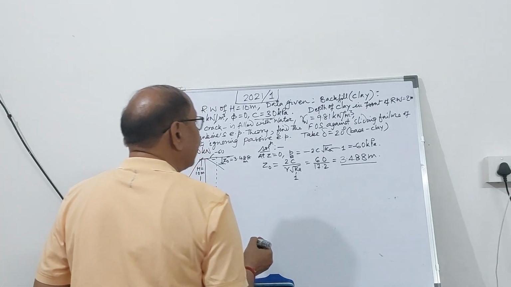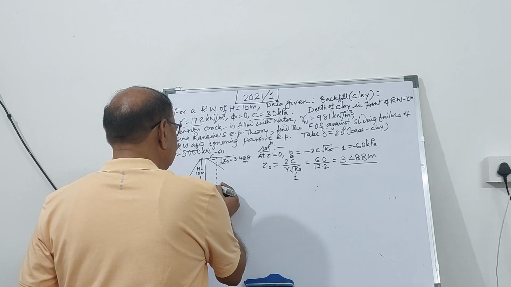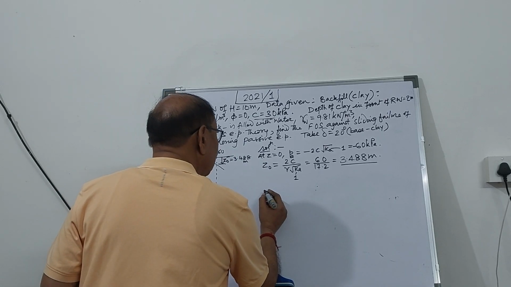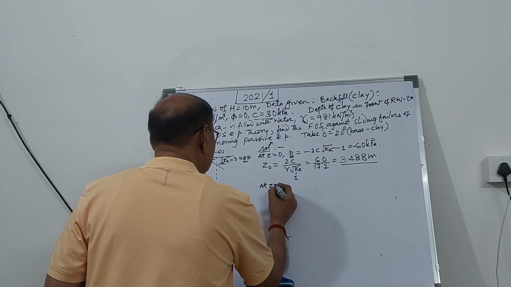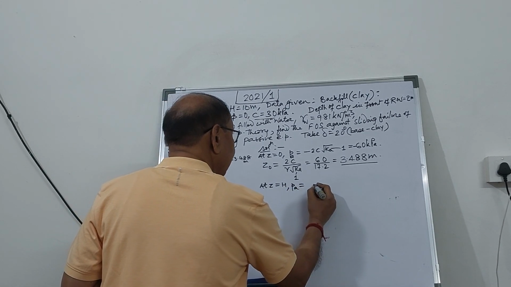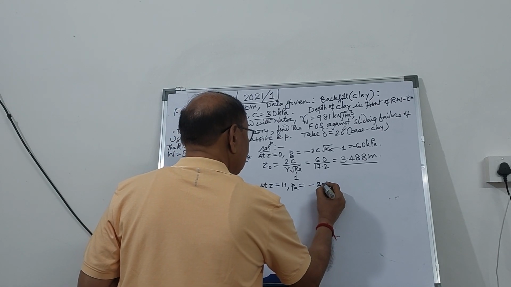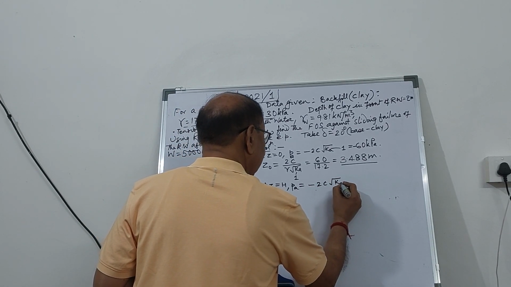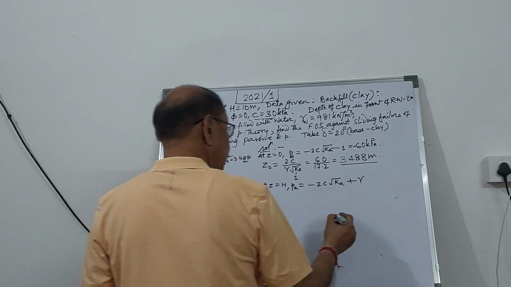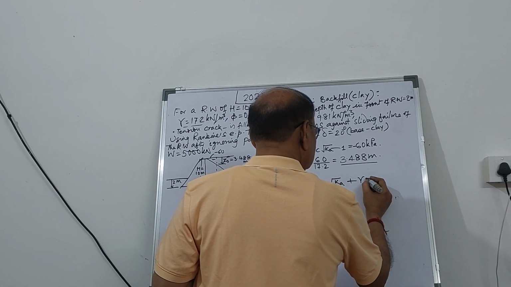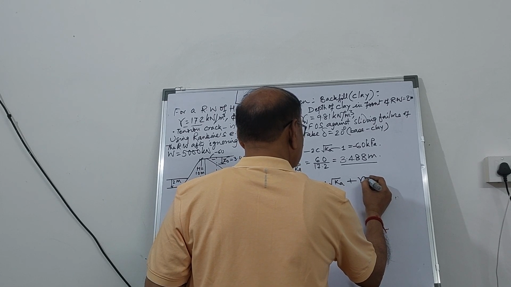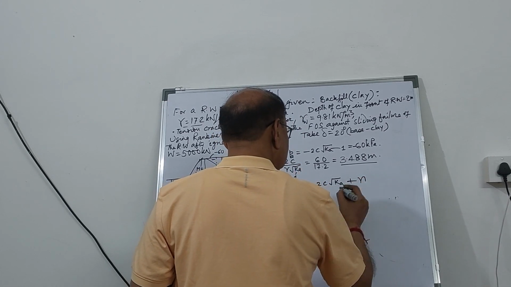Now, what will be the pressure at the bottom? At Z equal to H, Pa will be minus 2c under root K plus gamma Z, that is gamma into the remaining part.